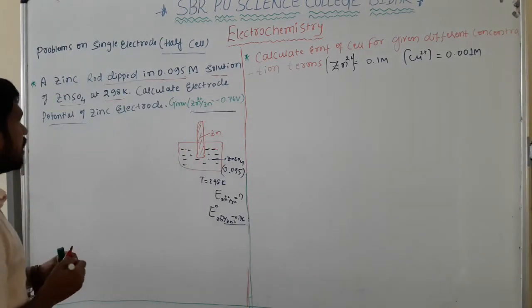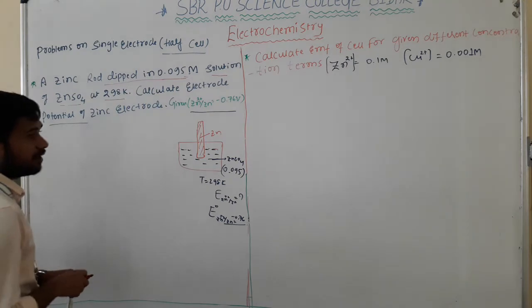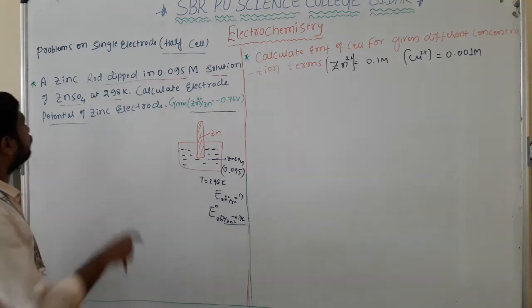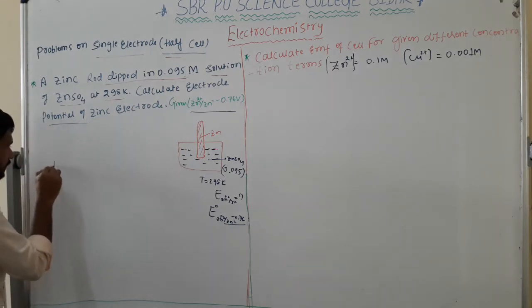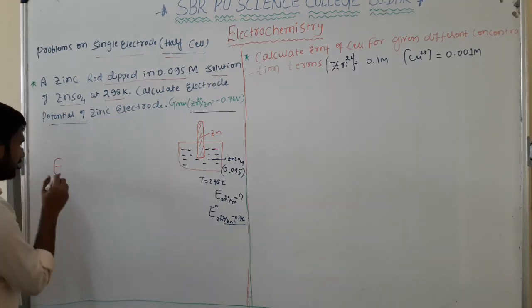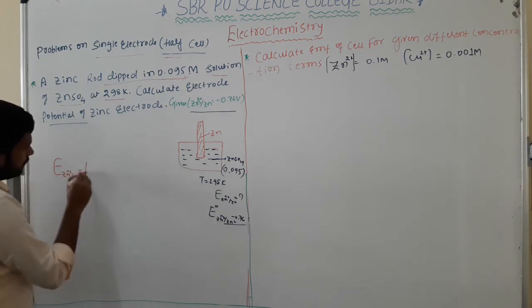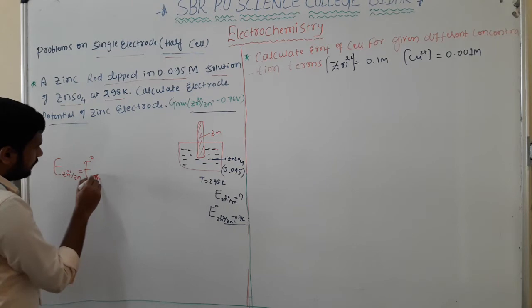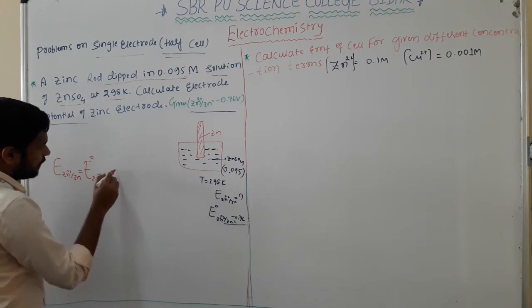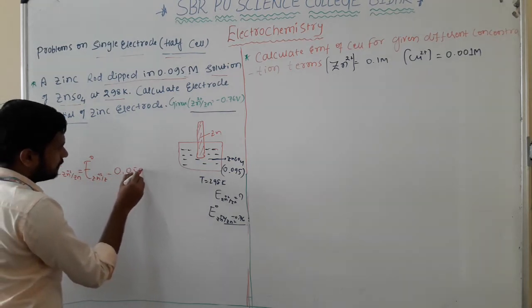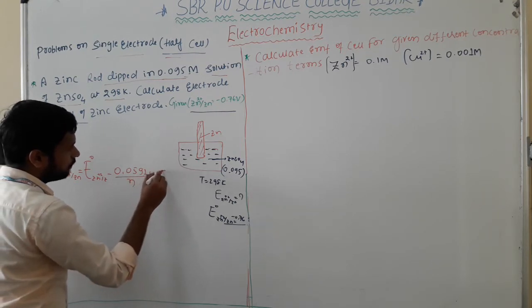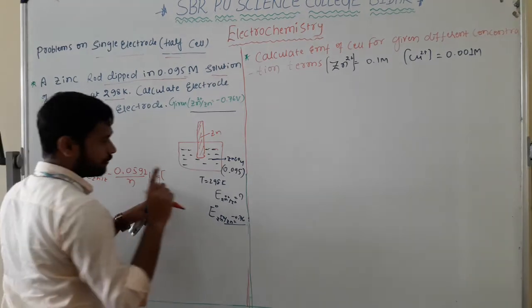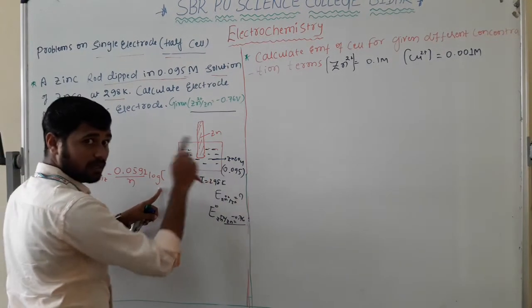I am writing here. According to the Nernst, he derived one equation for the single electrode or half cell. What is that? E of Zn2+/Zn is equal to E naught of Zn2+/Zn minus 0.0591 divided by n, log of 1 divided by the concentration of Zn2+. Here for Zn I have to take 1, because zinc is a metal.